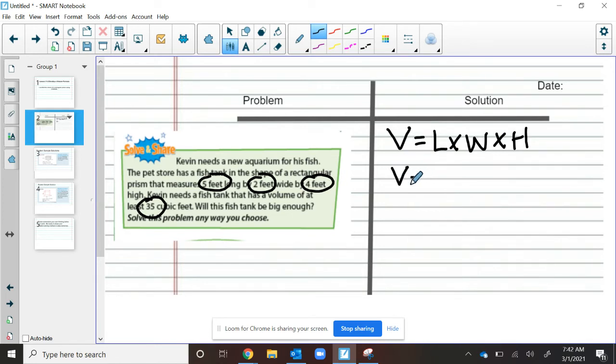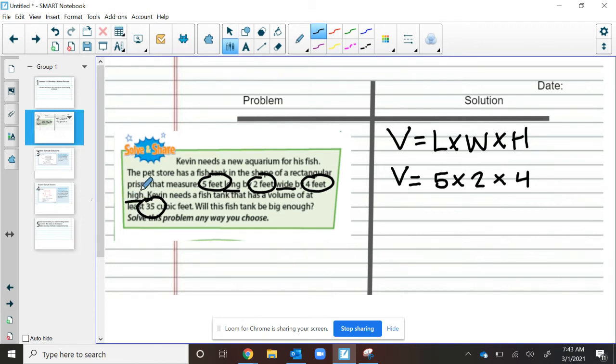So the volume is going to equal, we know we have 5 feet long, so that's going to be our length, times 2 feet wide, so that's going to be our width, times our height, which is 4 feet high. So long, wide, and high.